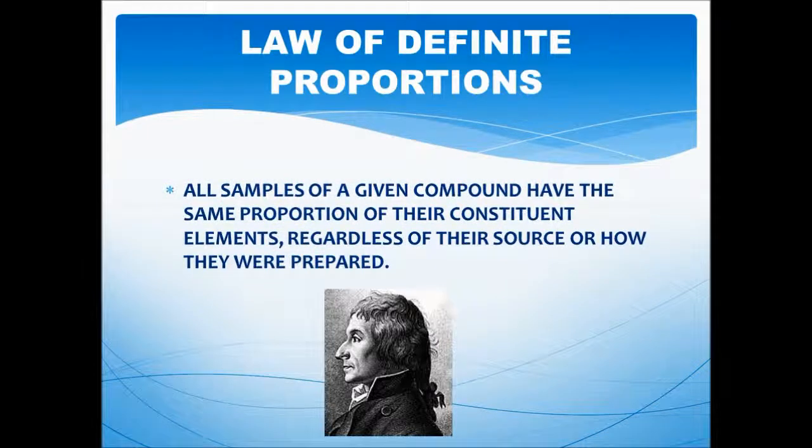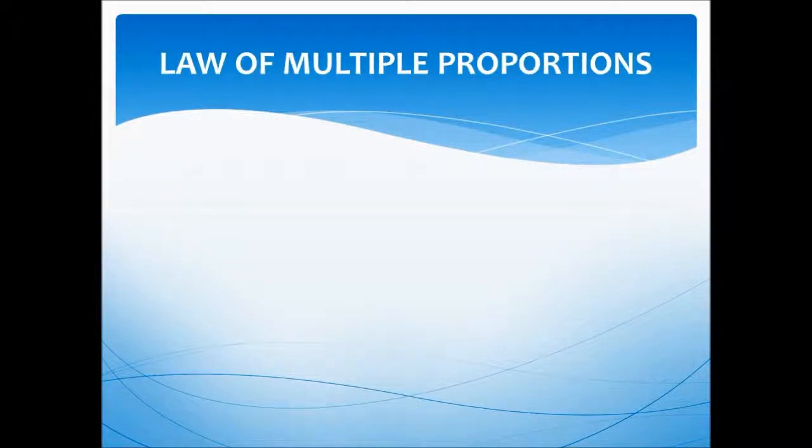And he came up with the law of definite proportions, which says that all samples of a given compound have the same proportion of their constituent elements, regardless of how they're sourced or how they are prepared. So, sodium chloride, which is made up of sodium and chlorine in a 1-to-1 ratio, will always appear in a 1-to-1 ratio, regardless of how you make sodium chloride. And that was called the law of definite proportion.